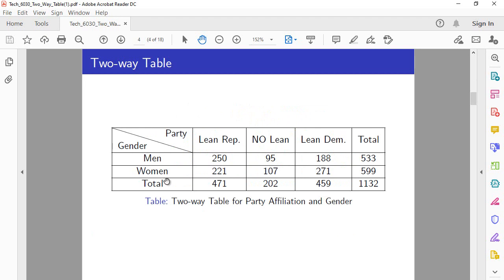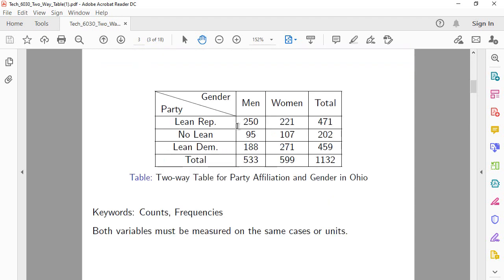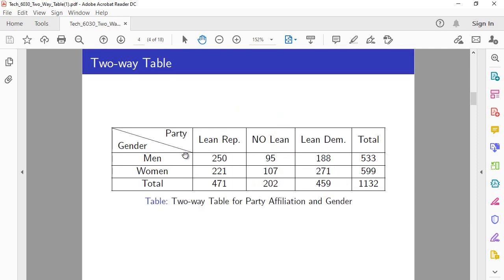But we could do the opposite: we could have gender represented by the rows and party preference represented by the columns. Instead of making this table, we could have made this table right here. The only difference is we are switching the two variables. Again, in the first table, gender was represented by the columns and party by the rows. Here it's the opposite.